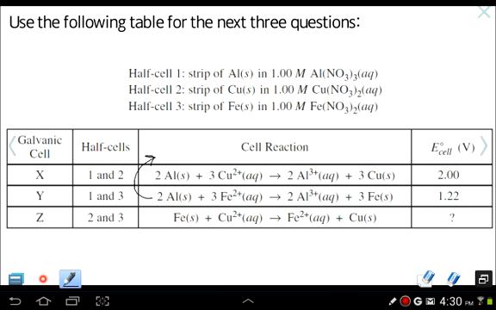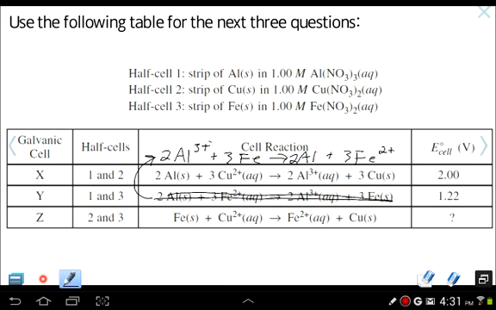So let's put the 2 aluminum 3+ and 3 irons, producing 2 aluminum and 3 iron 2+. That should work a little easier. Okay, and now let's see if we line up.